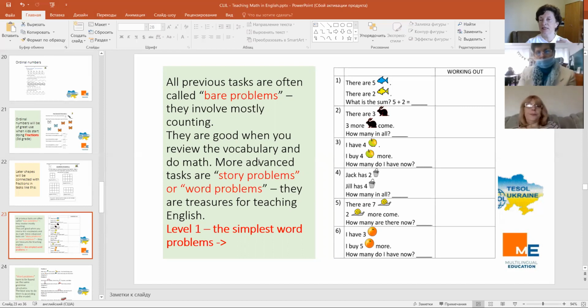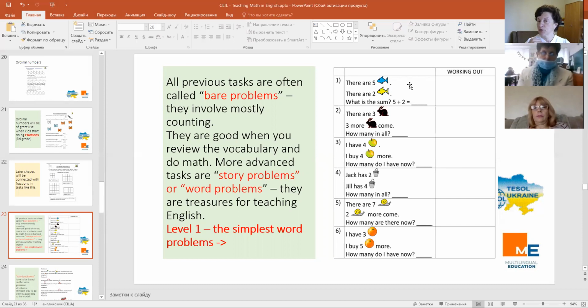And we can start with the simplest problems. You see that at the very beginning, it is not even necessary to use the words. We can use the symbols. There are 5 fish, there are 2 fish. What is the sum? If we look at these problems, we will see that here we practice not so many language structures.